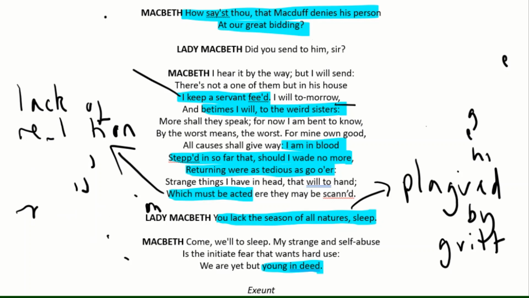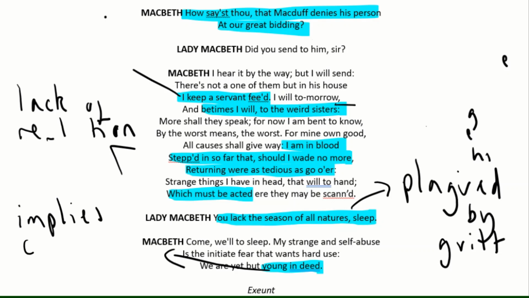And this line here implies continued killing. It seems like he's going to continue killing. Okay, make sure that's down. And once that's done, return to the worksheet and complete the task for Act 3, Scene 4.